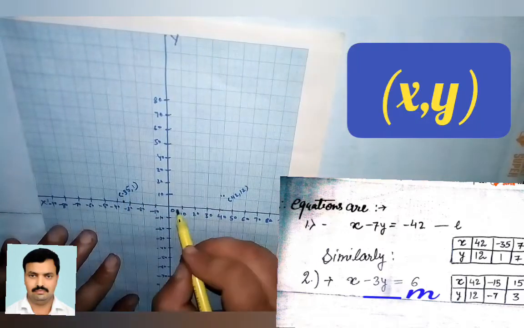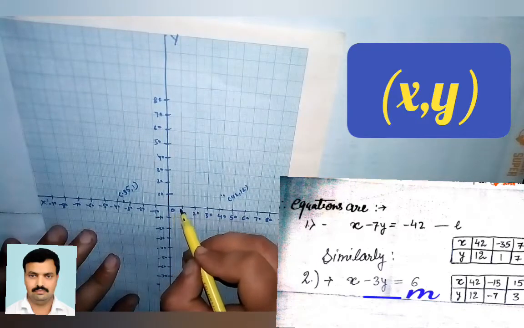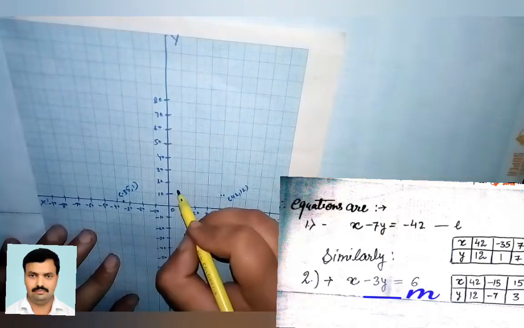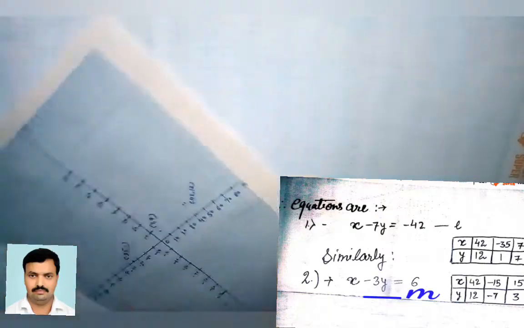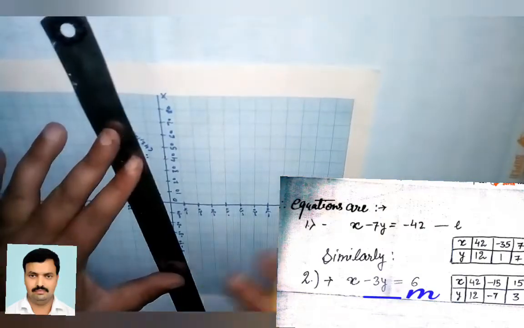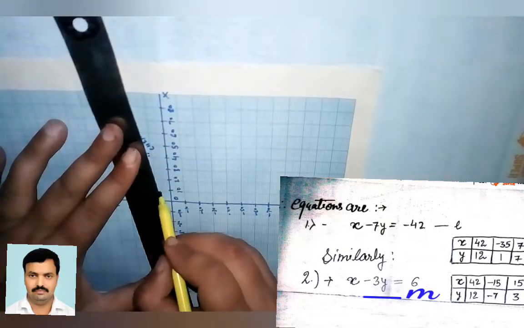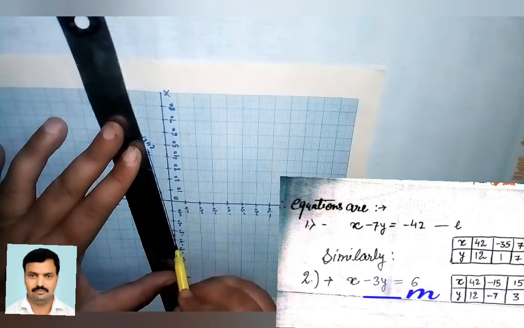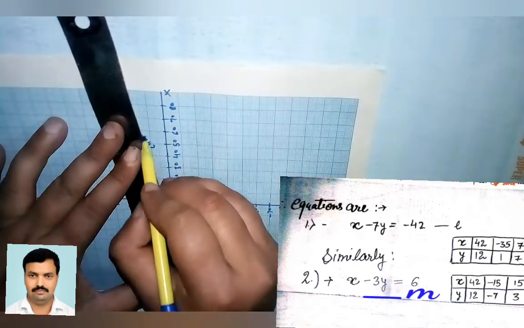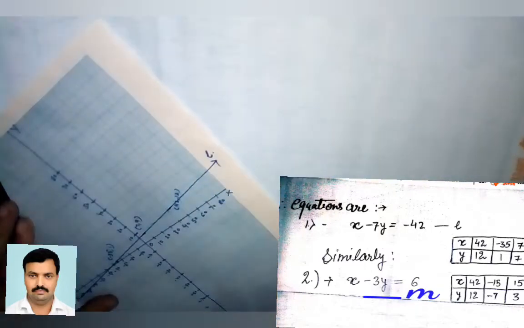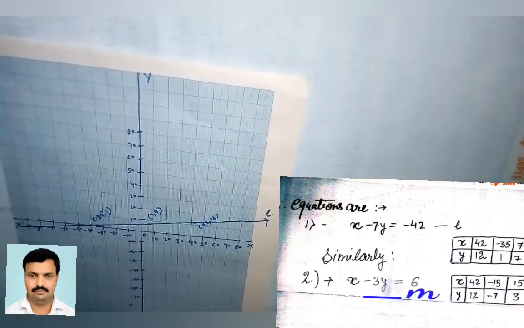Remember, every point is in the form of x, y. Third is 7, 7. Join all 3 points. It will come as a straight line, and remember a minimum of 3 points should be there. Then you will know that your line is correct. So this is for line L, and the same you will follow for line M.